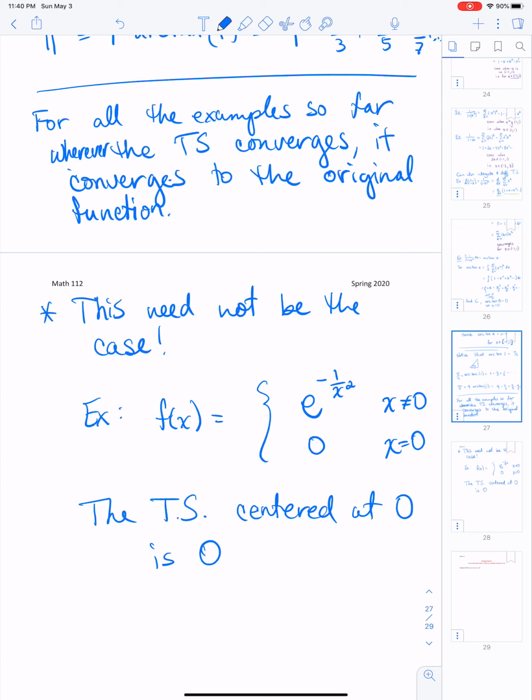So this converges everywhere, but it doesn't converge to 0 anywhere except at 0.